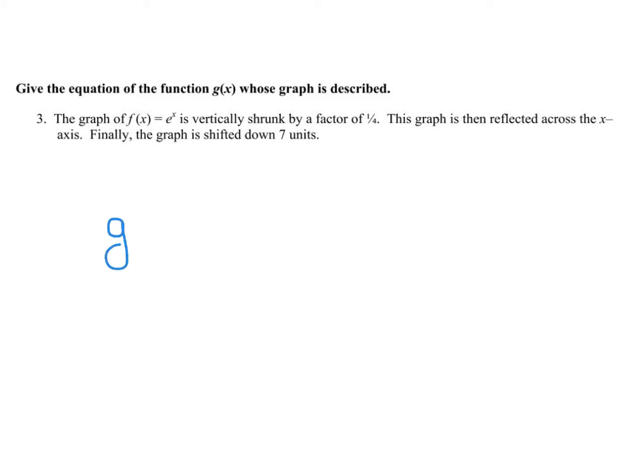All right, so let's start by saying g of x equals, so vertical shrink is my a value, so that's going to come out front, e to the, then the graph is reflected across the x-axis, so that's a vertical reflection, so that's going to make this negative. And then finally, it is shifted down 7. So down 7 is going to have this -7. Need my x in my exponent spot. And there we go.